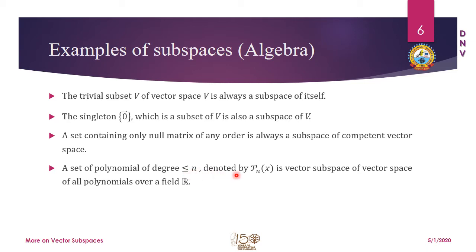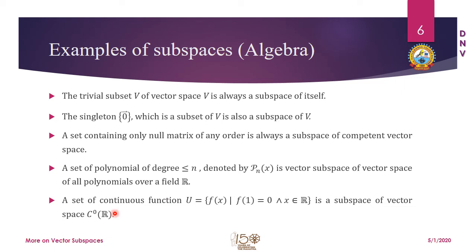And the third one is, if I multiply a polynomial by any scalar belonging to the field F, it makes a difference only in the coefficients, not in the powers of x. So the powers will be preserved. Hence all three criteria are preserved by the set P_n(x). We call this set a vector subspace of the vector space of all polynomials over the field R.